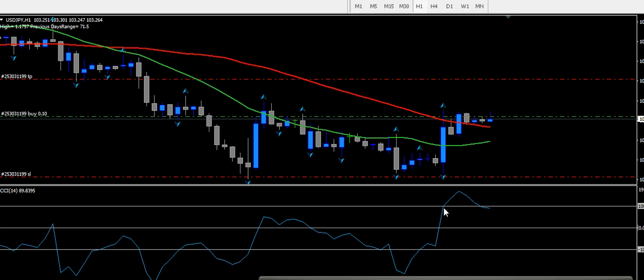Here is an example of crossing the 100 level, and here is another level of crossing, which is the minus 100 level. So you will be knowing these levels for trading shorts, whether bearish or bullish.